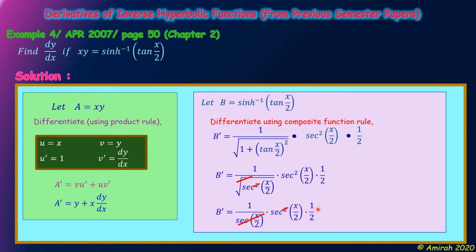And after that, we can simplify sec squared and sec because we have the same angle, x over 2. After we simplify, we have half and then sec x over 2. No more denominator sec x over 2 because we simplified it with sec squared. Got it?